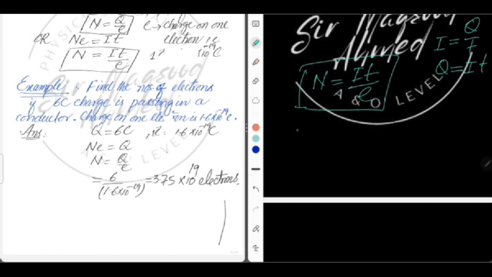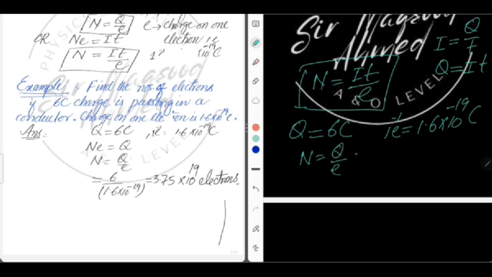In this question, Q is given, which is 6 coulomb, and charge on one electron is given, which is 1.6 × 10^-19 coulomb. So by using the formula, N = Q/E, where Q is 6 coulomb and E is 1.6 × 10^-19 coulomb.